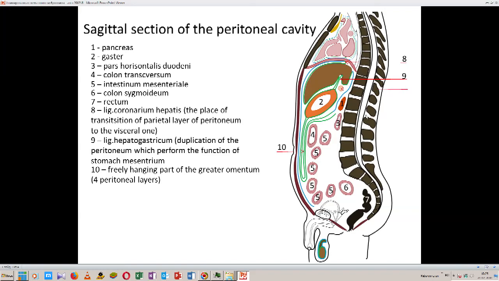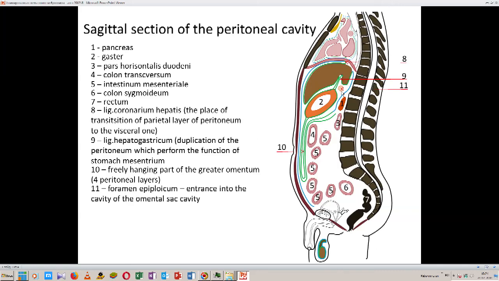And they close this space, which is connected with another part of the peritoneal cavity through this small opening. This opening, number 11, is foramen epiploicum.